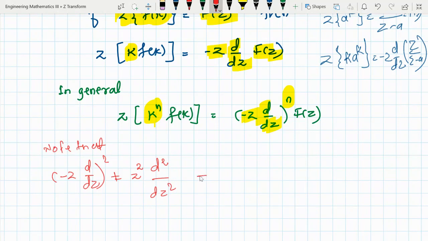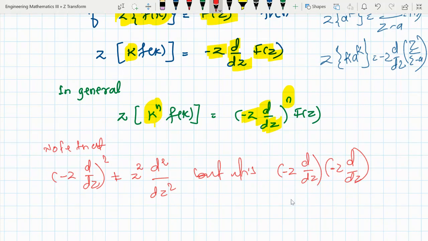Actually, it is minus z d by dz into minus z d by dz. So these things are totally different. Remember this. Because of the square, it may look like this, but if the power is 3, 4, 5, or in general n, this is not the case.